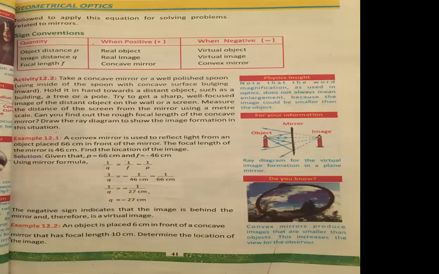I told you that in a convex mirror, the focal length will be negative and the image distance Q will be negative. The negative sign indicates the image is behind the mirror, and therefore it is a virtual image. In my last topic, I told you about the convex mirror: the outer surface is reflecting and polished. In this case the image will be virtual, not a real image.